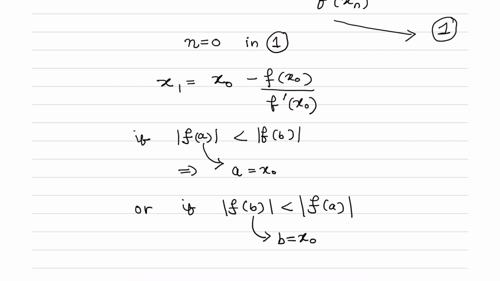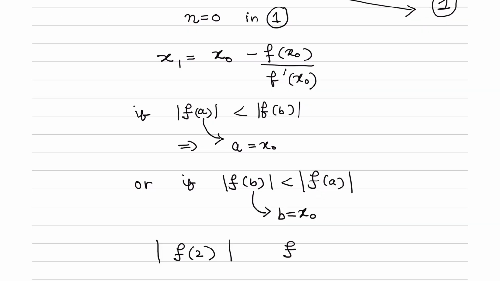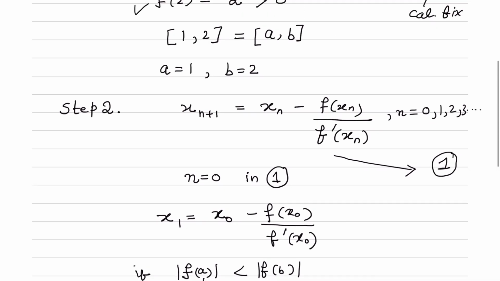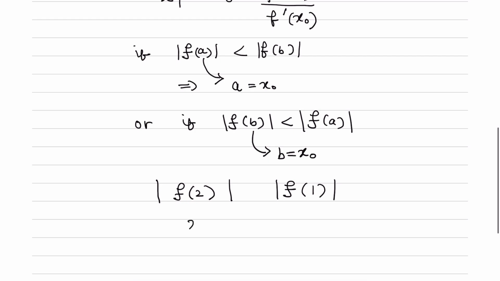Now let's look at what we have got. We are calling a as 1 and b as 2. And f of 1 is -3 and f of 2 is 2. So we have the absolute of f of 2 and the absolute of f of 1. F of 2 is 2 and f of 1 is -3.